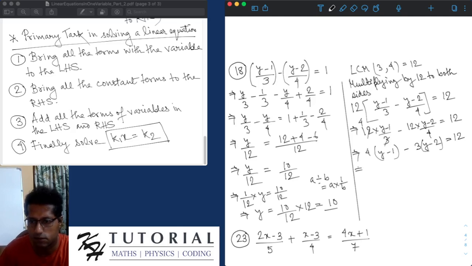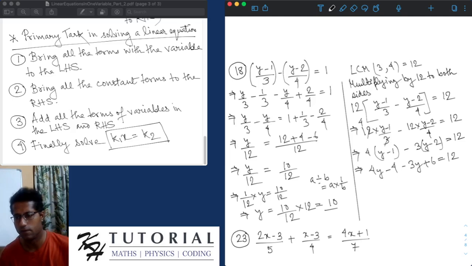If we do the product again, 4y minus 4 minus 3y plus 6 equals 12. So we have transformed the equation into a form where all the constant terms are integers and all the variable terms have integer coefficients.